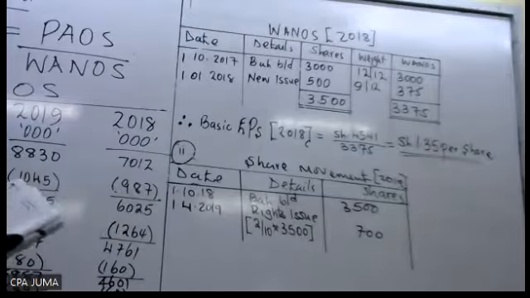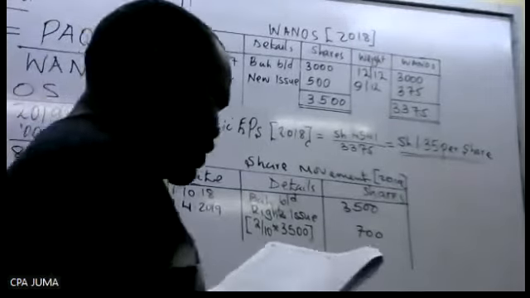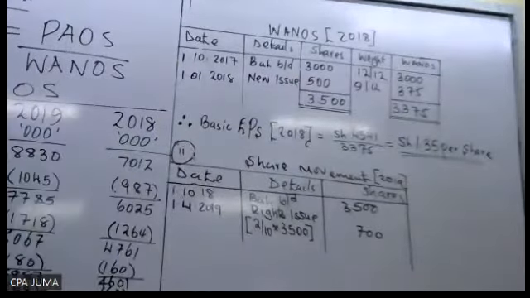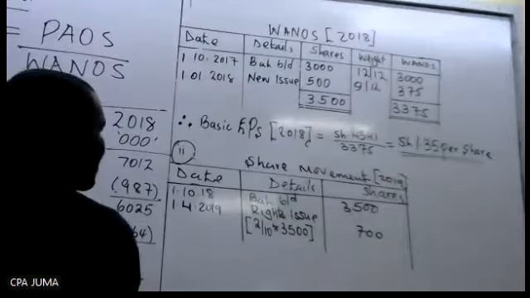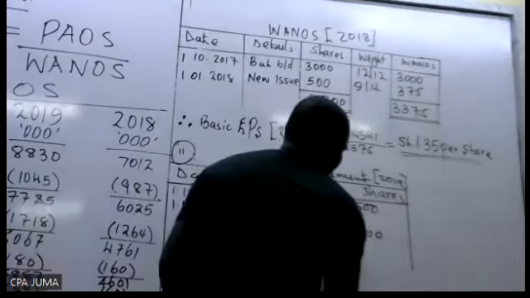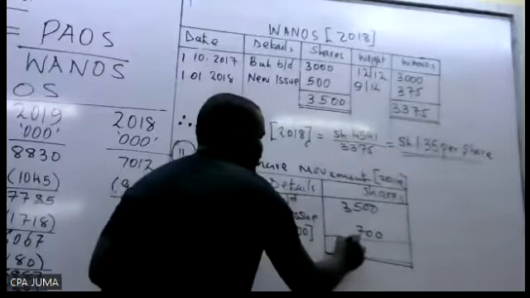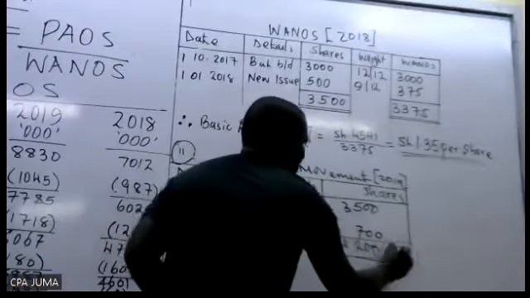Proceed. Number 4, the Kika Limited also had this non-redeemable preference idea. Can you add the shares for me? Shares will be 42.